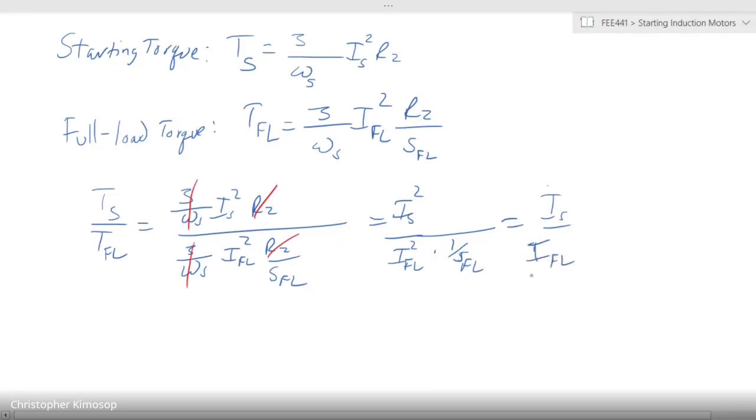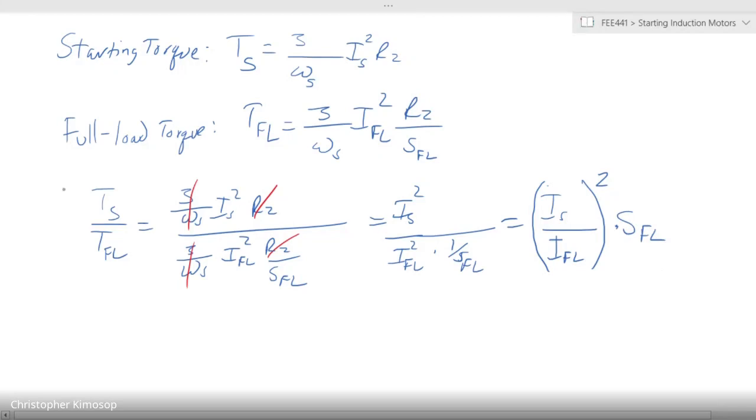Let me write that a bit better: IS over IFL, squared, times 1 over (1 over SFL), which will give you SFL.